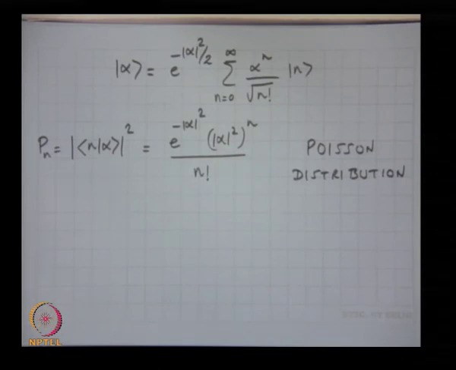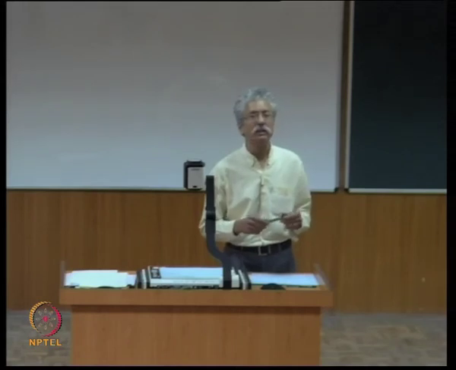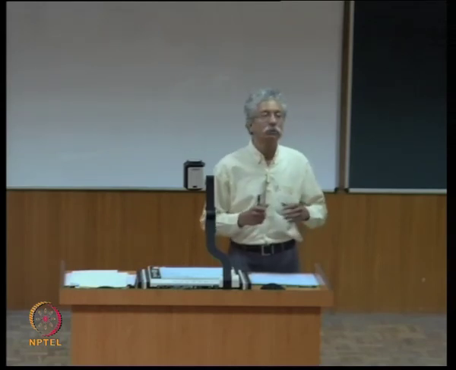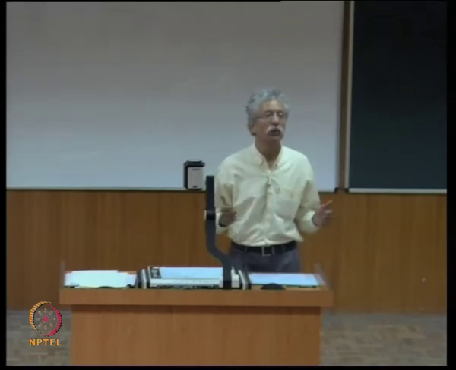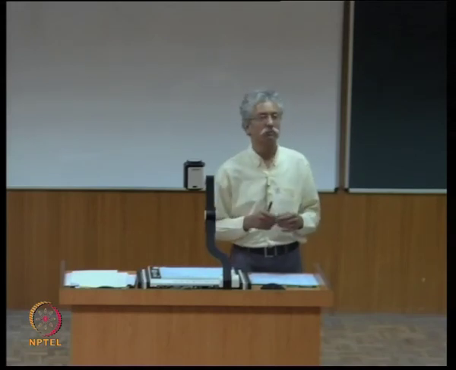So, if you prepare an ensemble of identical alpha ket states with a certain value of alpha, and if you do experiments on each one of those ensemble members to find the number of photons in that state, each person will get a different number of photons, and that will be a distribution which is the Poisson distribution.